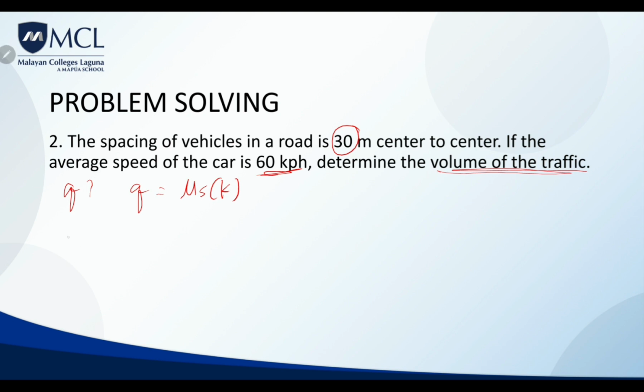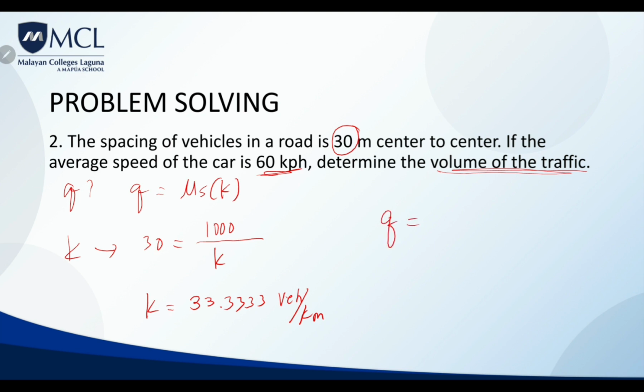Let's solve for k. For k, we have the spacing is equal to 1,000 over k. So, what is k? K is 33.33 vehicles per kilometer. And then, we substitute it directly.